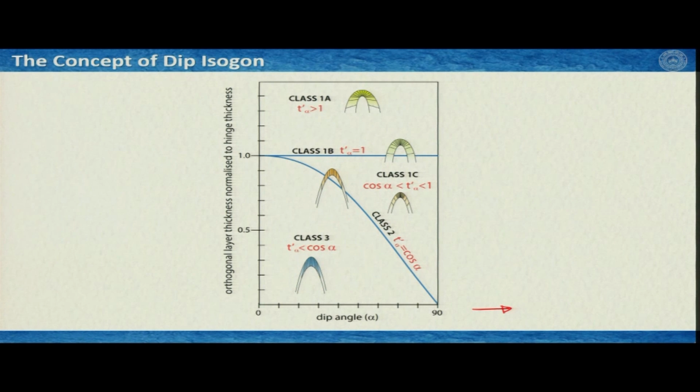So, the field of class 1 is this, class 2 is represented by a single curvilinear line, and class 3 is this one. Okay. Now, we will see what is the meaning of this class 1A, 1B, 1C, and then class 2 and class 3. We will take them up separately and discuss their implications, their geometries, and so on.